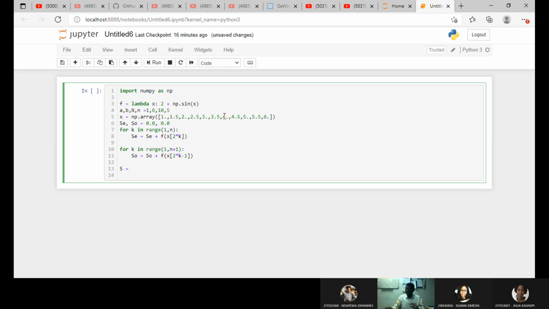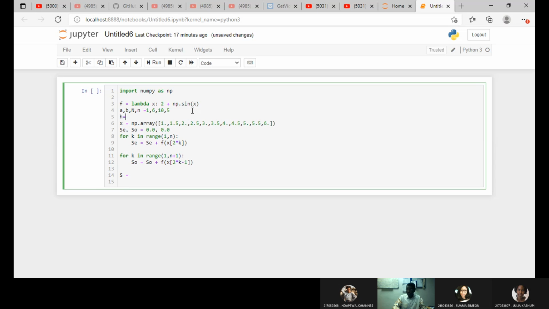From 1 to 6. Yeah, that's what we did. We integrated from 1 to 6. So we have A, B. So we can also define H. So if we define H here, we say H is equal to B minus A divided by capital N. Capital N being 10. Great, so that is it.